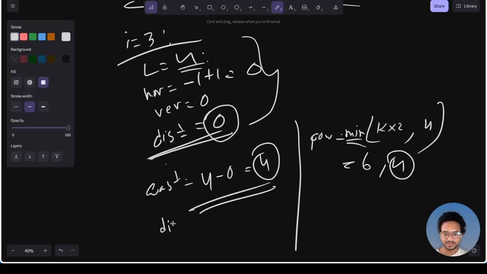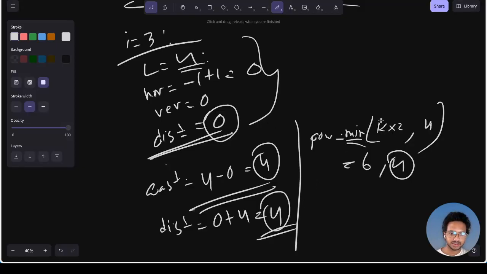So the distance will be 0 plus 4, which is equal to 4. So our distance will be 4, right? If the value of k was 1 here, then I can add only 2 here, maximum 2.